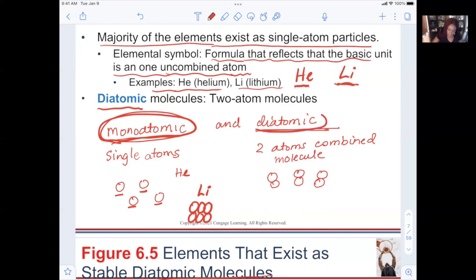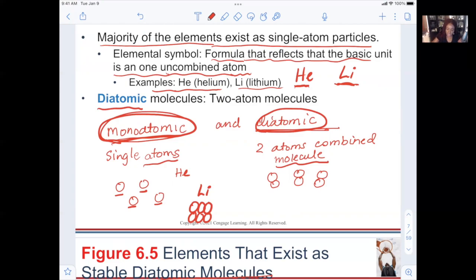Versus diatomic molecules, they're called molecules because they combine together. You have 2 atoms combined together, and these are 2 atoms of the same element combined together to make a molecule. When atoms are by themselves, they're called atoms. When they're combined together, they get a new name, which is a molecule.